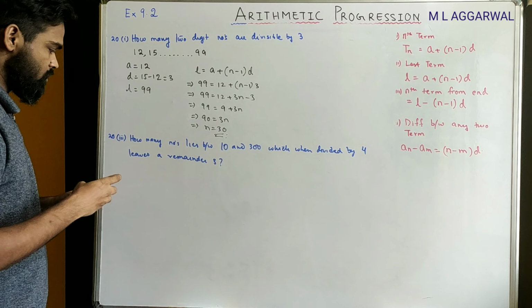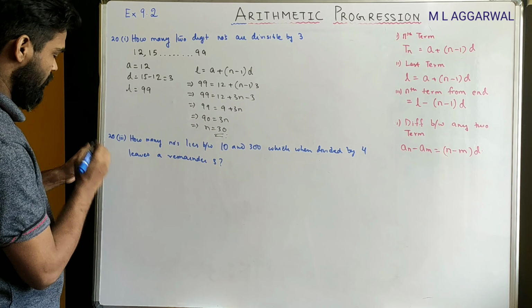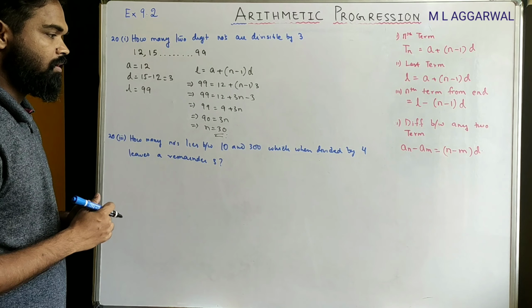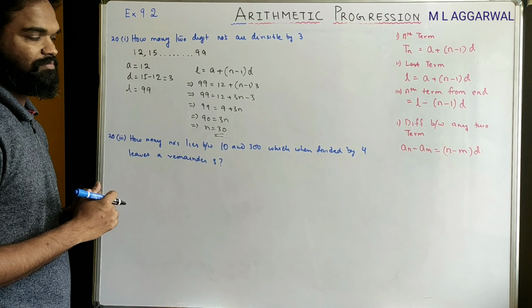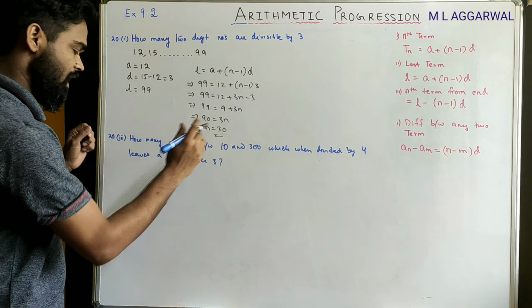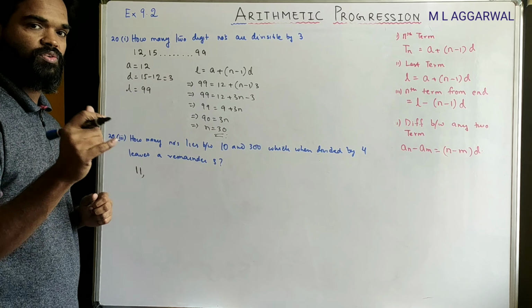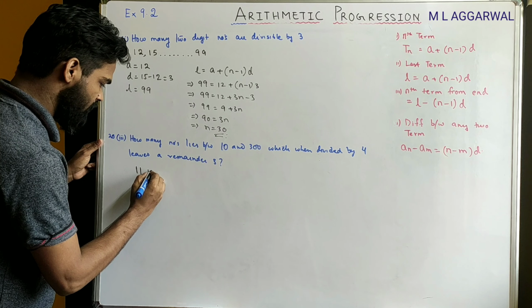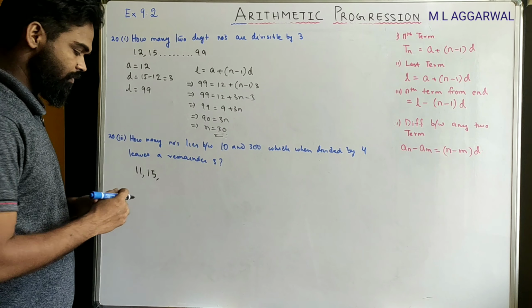Okay. Now look, this is more interesting. 20 part 3. How many numbers lying between 10 and 300, which when divided by 4 leaves a remainder 3? See, after 10, I think if you divide 11 by 4, 4 2s are 8, 3 is the remainder. So next number will be 15. Am I clear or not?